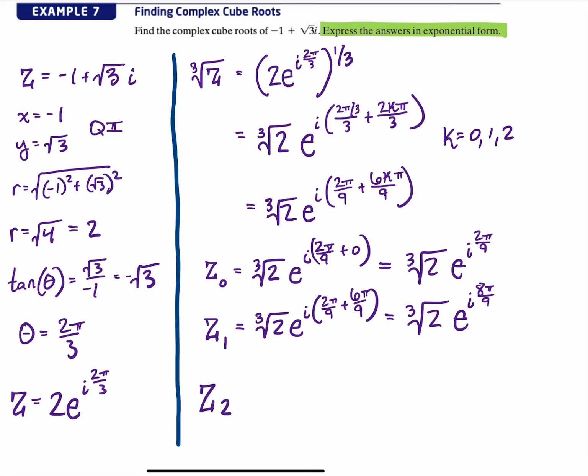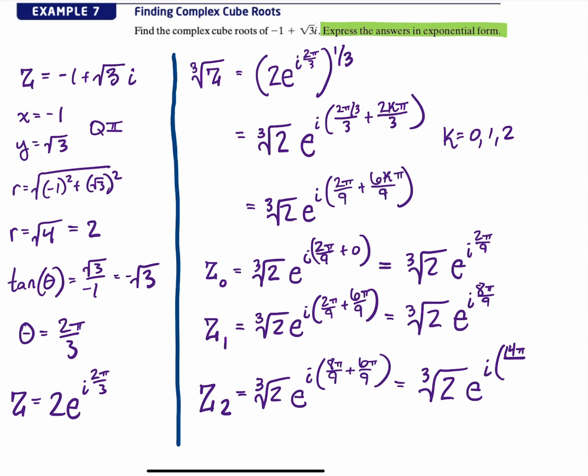And then our next one, let's take that previous 8 pi over 9 and add another 6 pi over 9. So cube root of 2 times e to the power of i times 8 pi over 9 plus another 6 pi over 9. So 8 plus 6 is 14, so our third root should be cube root of 2 times e to the power of i times 14 pi over 9.